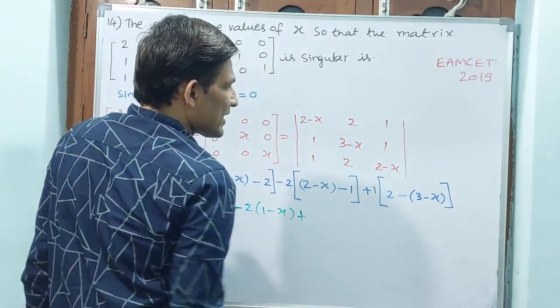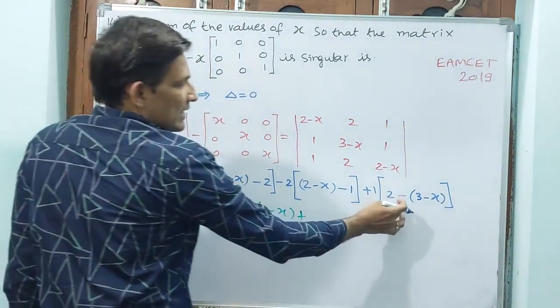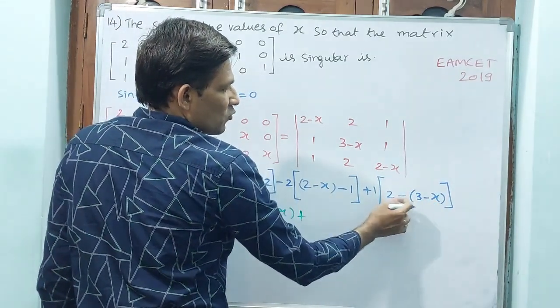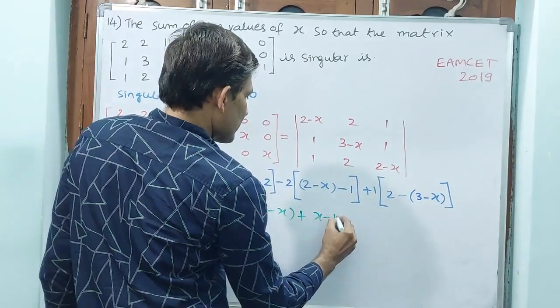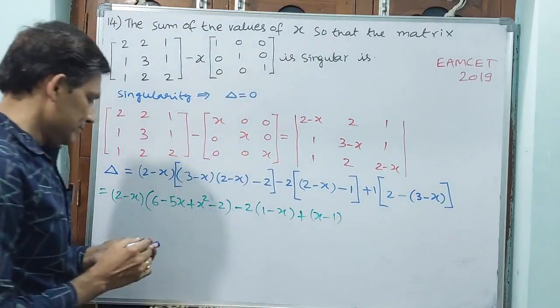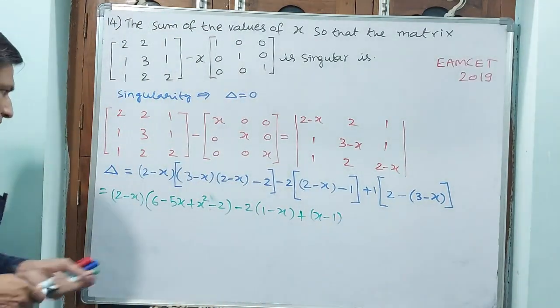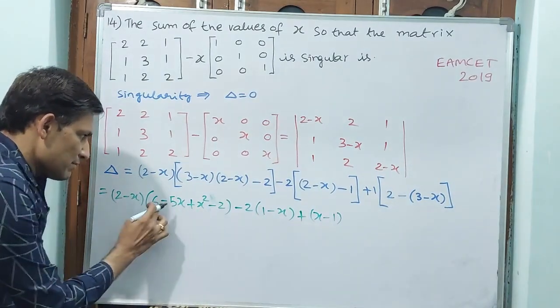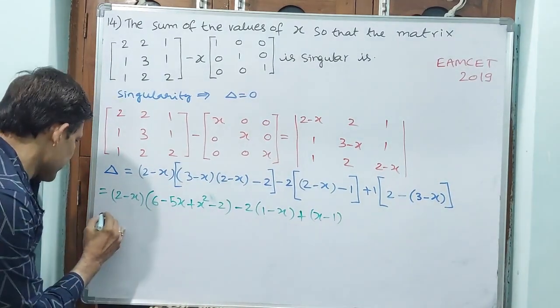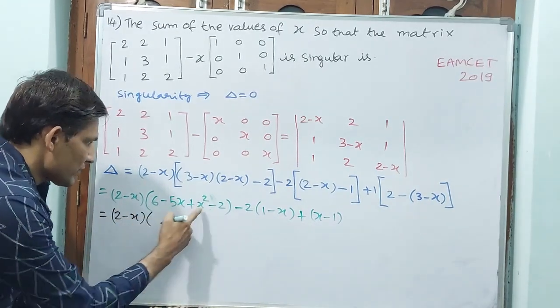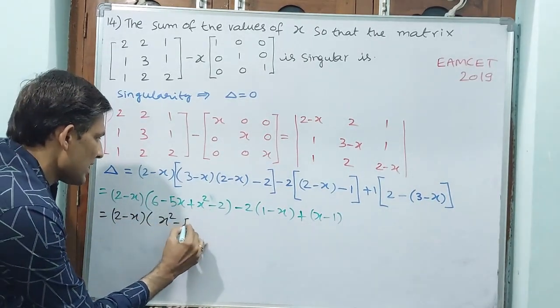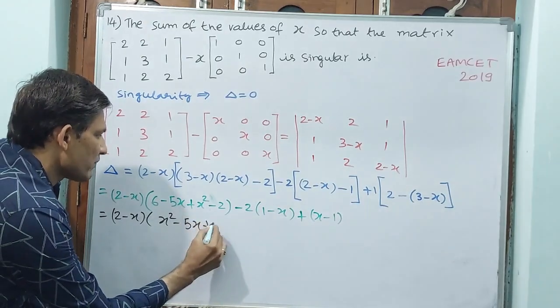Plus 1 you need not write. Minus of minus plus x. 2 minus 3 minus 1, x minus 1. Okay. Proceed further then. You see, here 6 minus 2, 4 is there. 2 minus x into x square minus 5x plus 4.